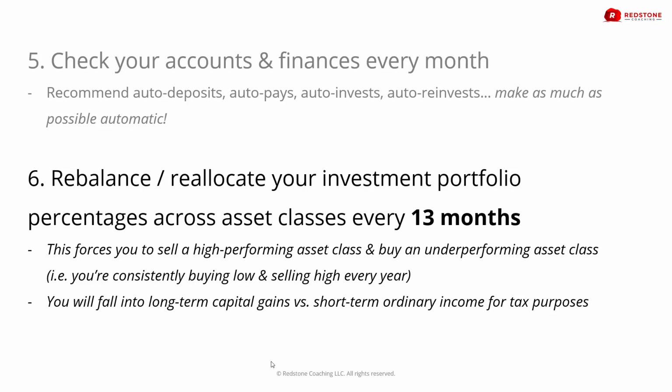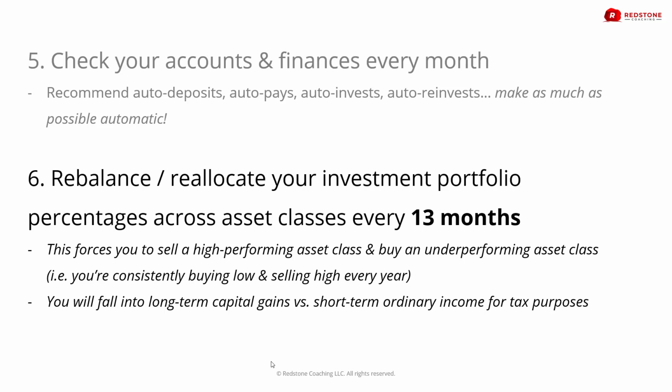sell high. And that's like the ridiculous advice that people have heard over and over, buy low, sell high. But people don't do it because they're trying to time the market. The thing is, unless you're an extremely skilled investor like Warren Buffett or Ray Dalio, it's extremely difficult to time the market. So what we want to do is completely remove our judgment and our emotion from when to buy and sell.